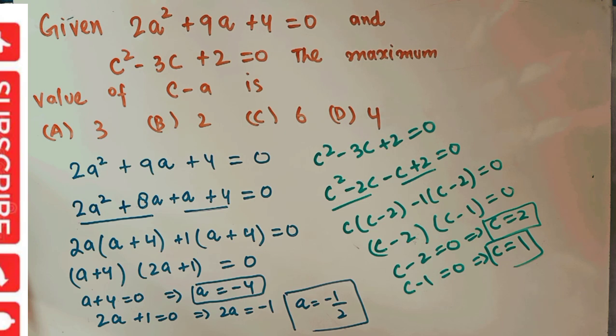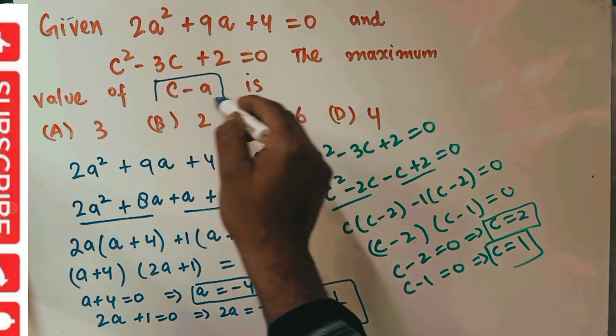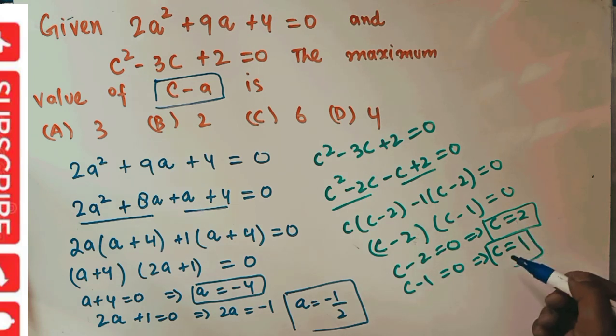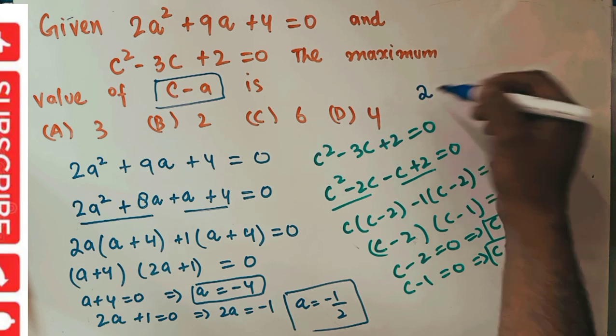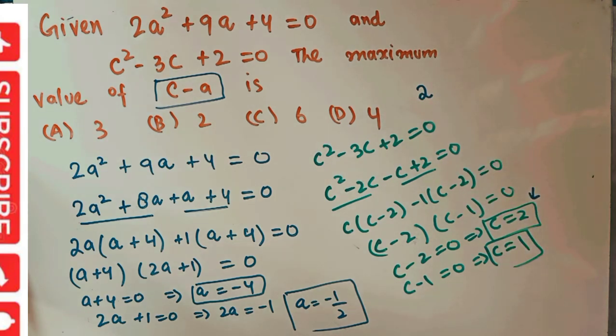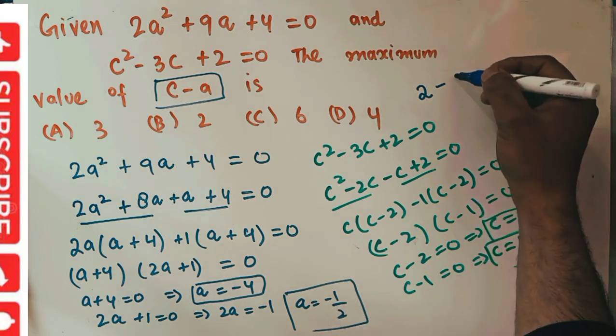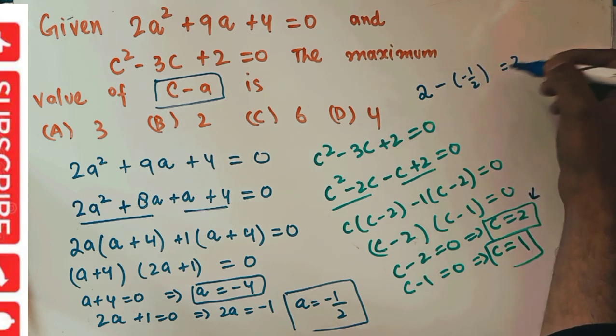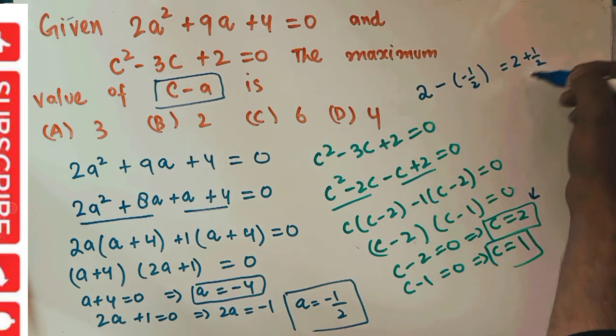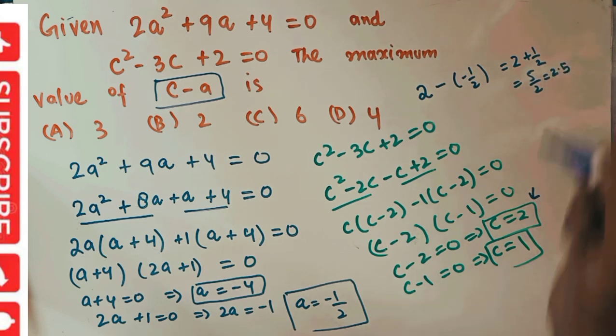The question tells us to find the maximum value of c - a. Okay, so if we take the maximum value of c as 2, then minus, and let's first take the value of a as -1/2, so this will become 2 + 1/2, which becomes 5/2, which is equal to 2.5.